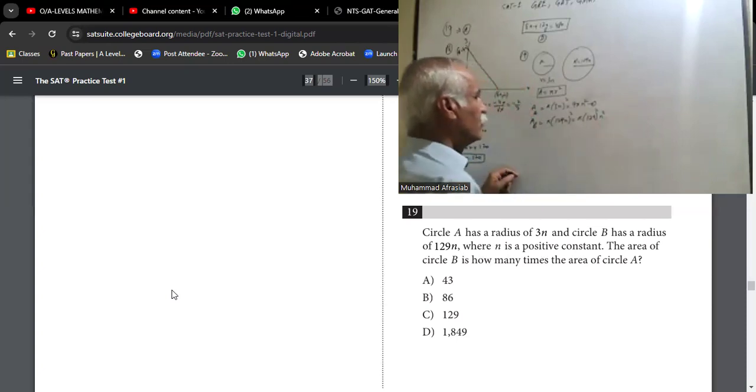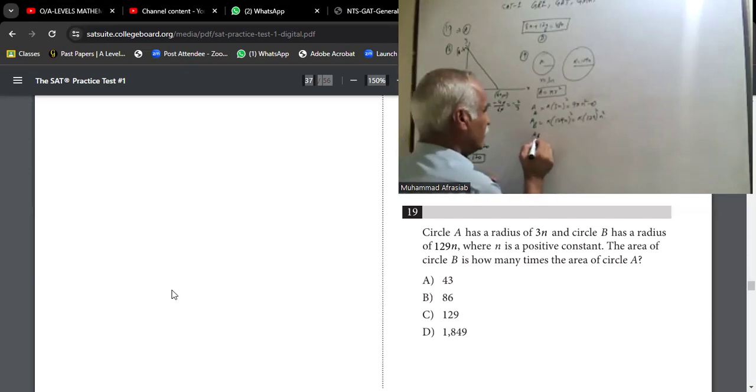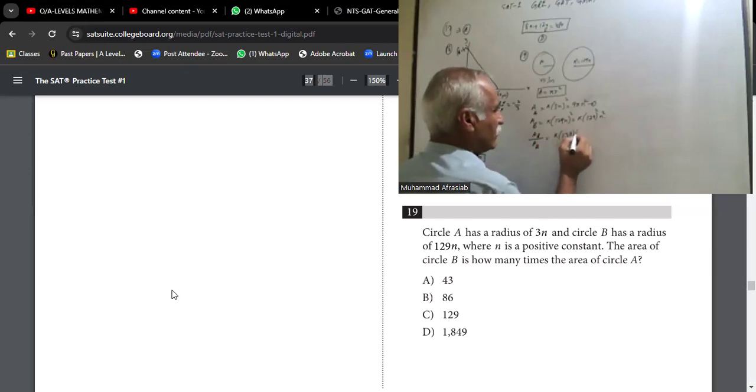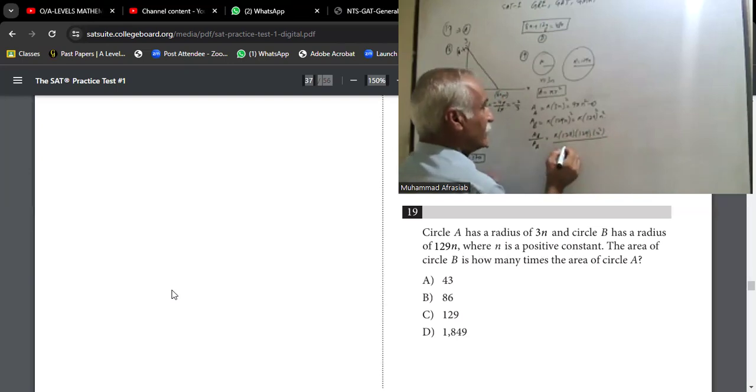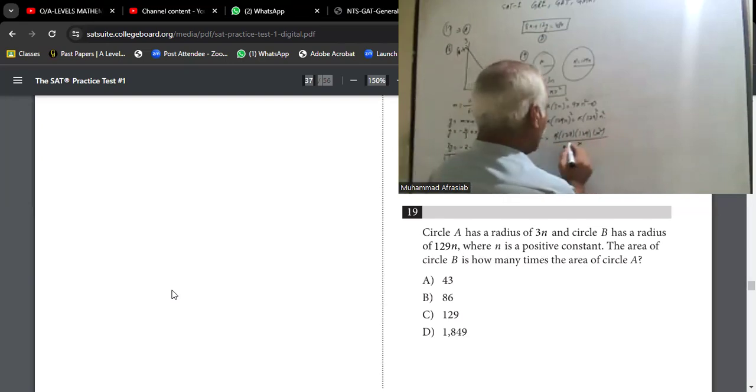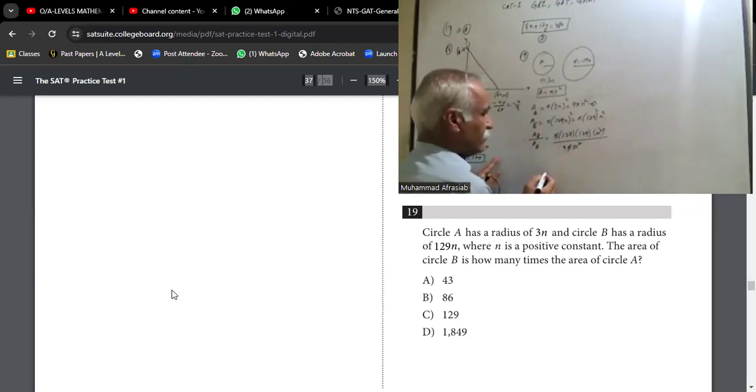You have to show how many times the area of B is more than the area of A. So area of B over area of A is equal to pi into 129 into 129 into n square divided by 9 pi n square. n square and n square cancel out, pi and pi cancel out. So it is equal to 129 over 9.